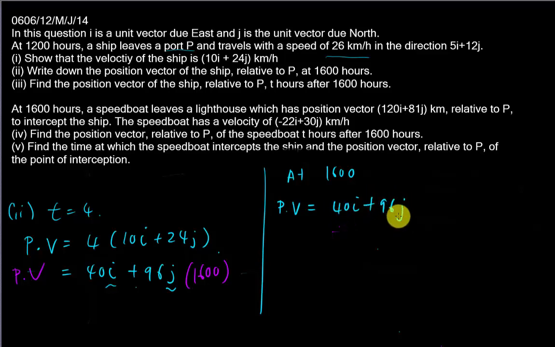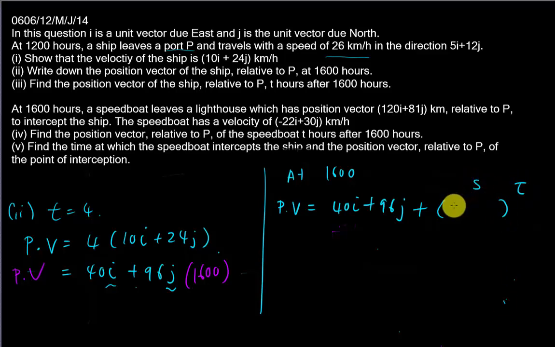But after means what? I want to know about the next hours. Next hours means 1700 or 1800 or 1900. So what I will do is I will add. In order to find the position vector at each hour, we can always do speed multiplied by time.